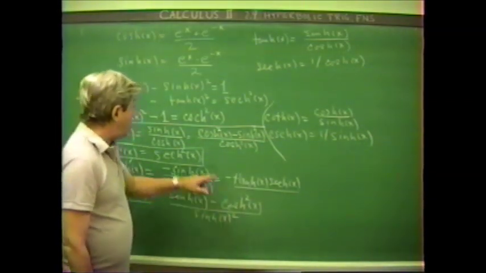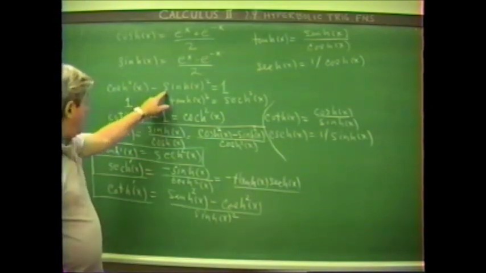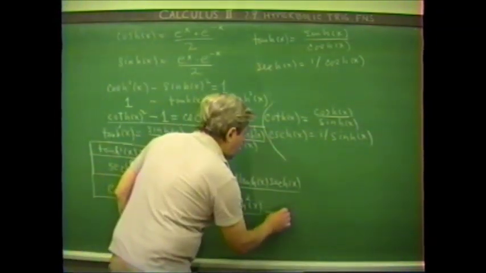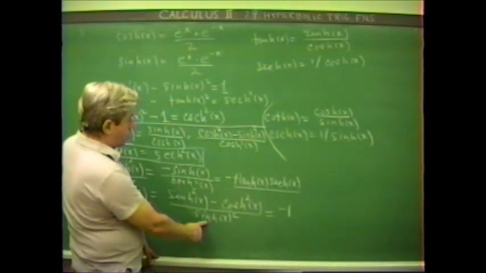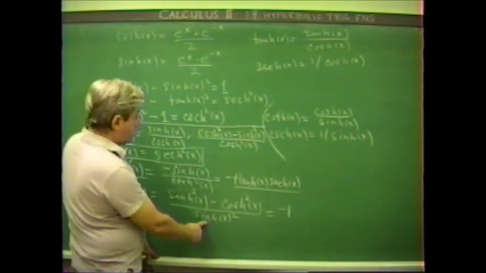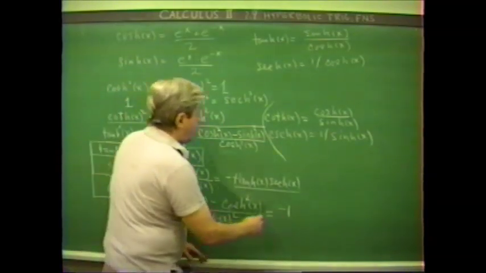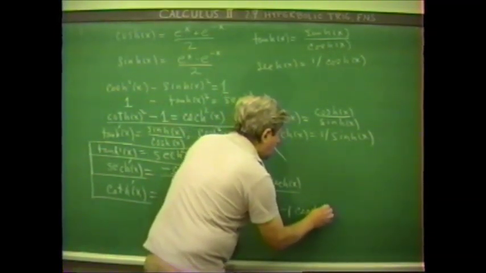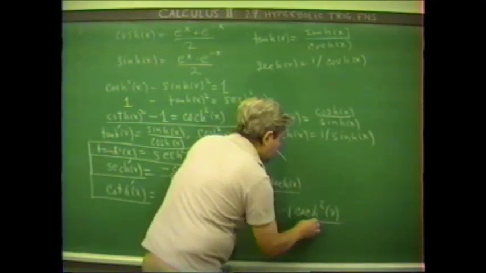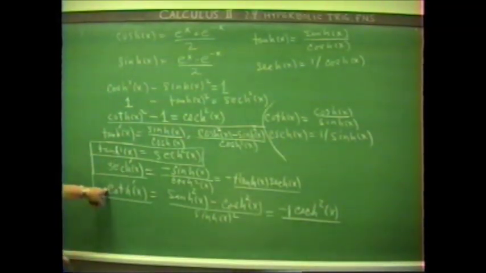Hyperbolic sine squared minus cosine squared is minus 1, so we have minus 1 over hyperbolic sine squared. 1 over hyperbolic sine squared is hyperbolic cosecant squared. So the derivative of the hyperbolic cotangent is minus the hyperbolic cosecant squared.